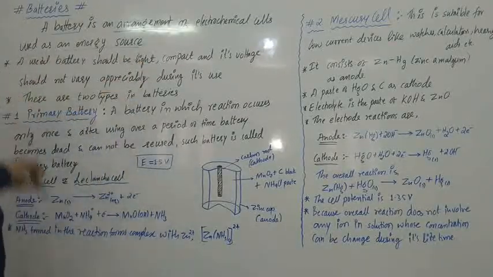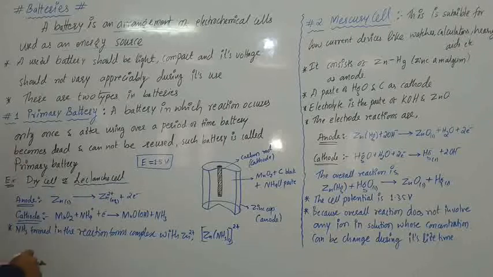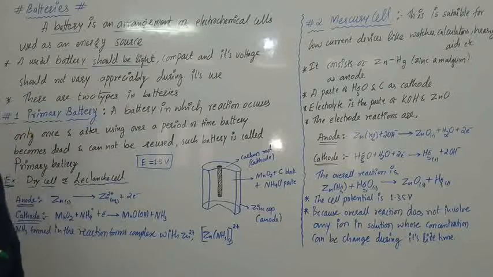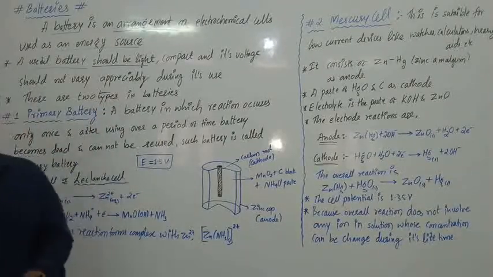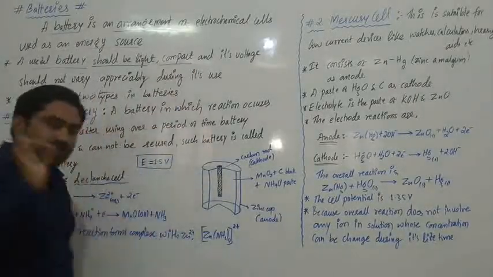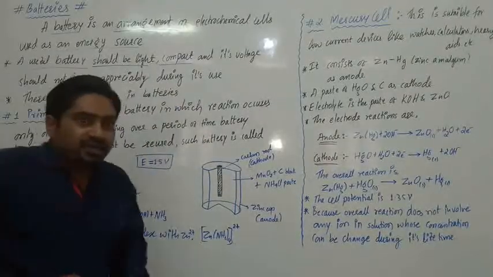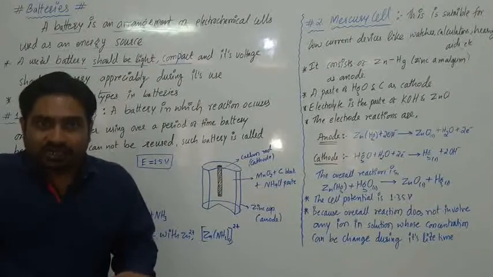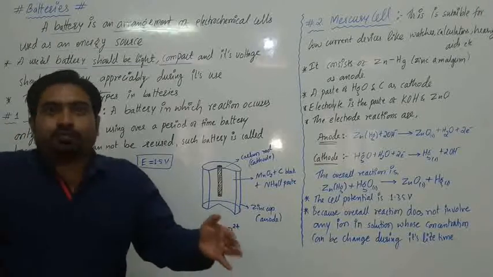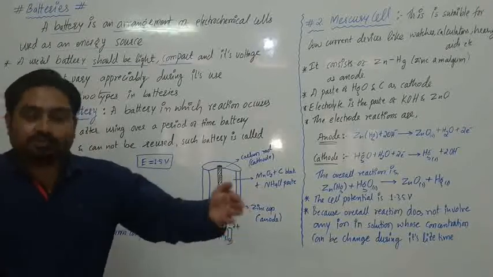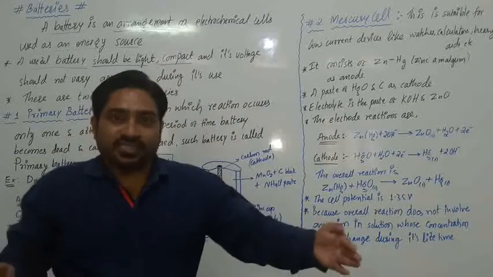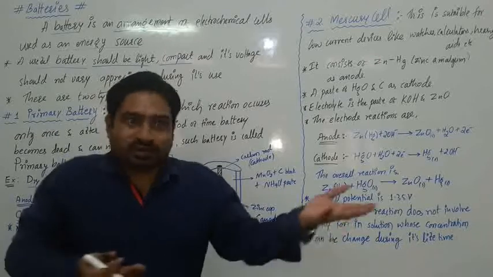Why do we use them as energy sources? A useful battery should be light. If a battery is said to be useful, it must be light: the weight must be less, and it must be compact, lesser in size. If the battery can produce only a small amount of energy, say it produces 0.5 volt of potential, and the size of the battery is this much, is it possible to use it for remotes?